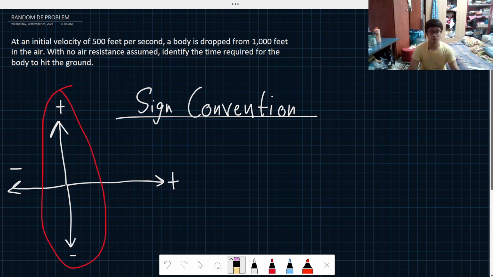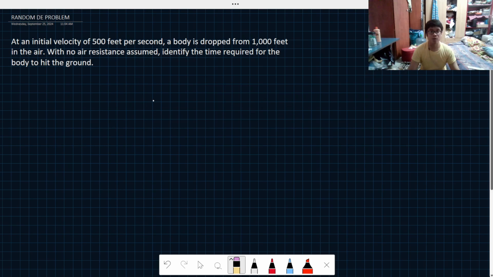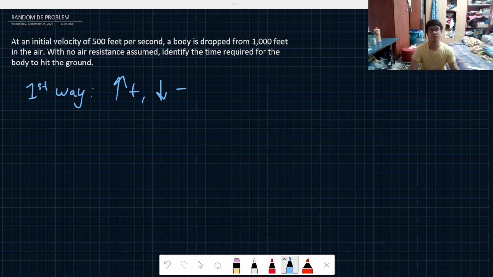The first way is to assume that whatever goes down will have a negative value, and whatever goes up is positive. First way: upward positive, downward negative. So that's it.